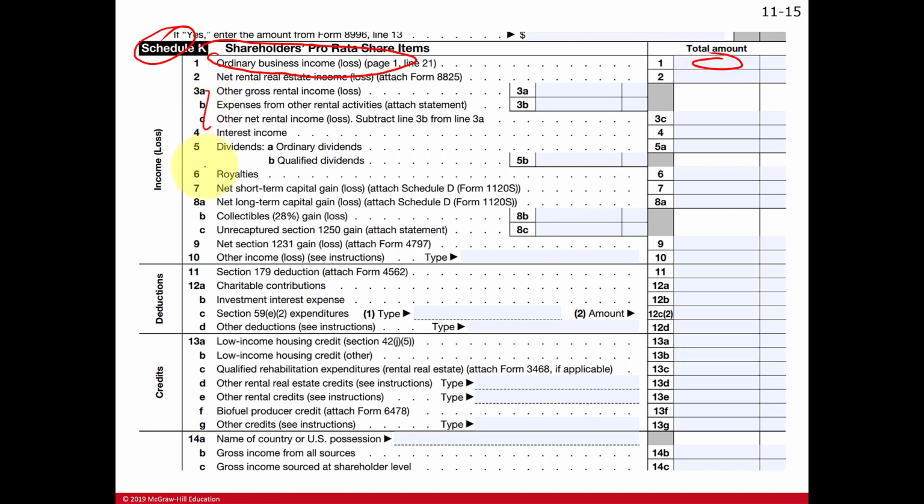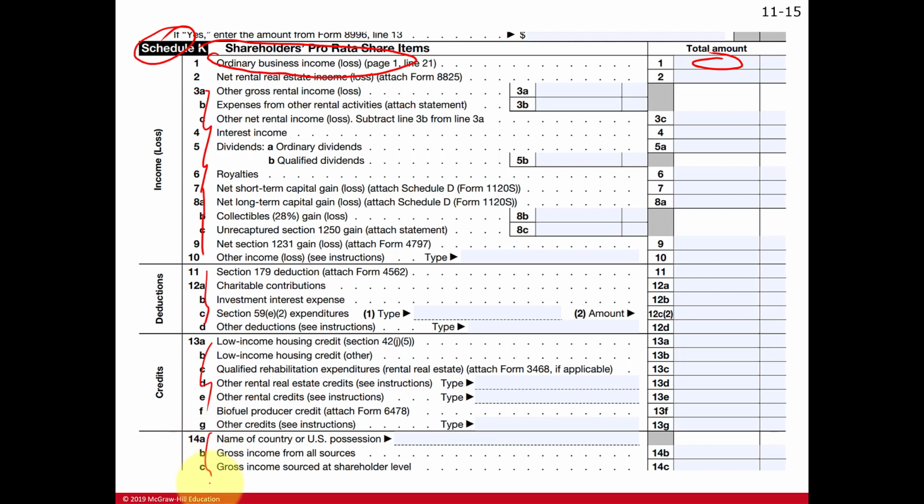And here are the other different types of income separately stated for shareholders. Other deductions not reported back on page 1 of the 1120S, separately stated for shareholders. Same thing with credits. This goes on for another page or so.